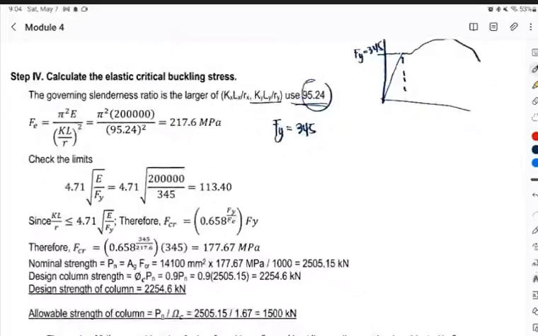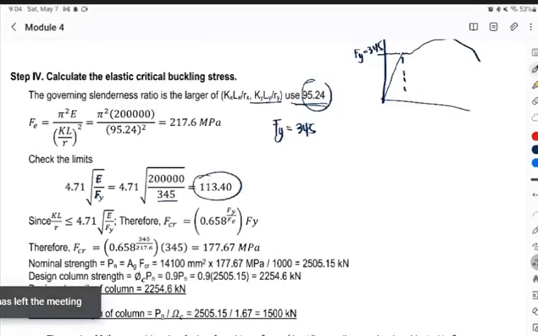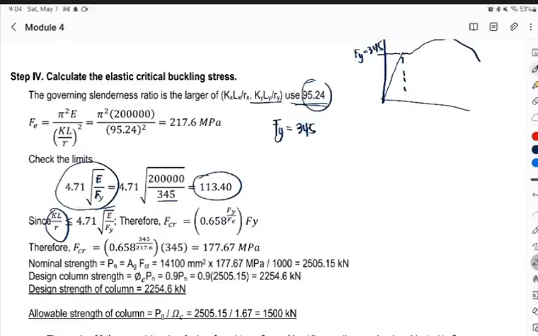Now, we check the limits. That's 4.71 square root of E over Fy. So, direct substitution lang, meron tayong E to be 200 gigapascal. It is always constant for steel. And Fy for A992 is 345. So, input lang yan sa calculator. Then we have 113.4. Now, we compare it. KL over r versus 4.71 square root of E over Fy. And 95.24 versus 113.4, it is less than, no, yung slenderness ratio natin.